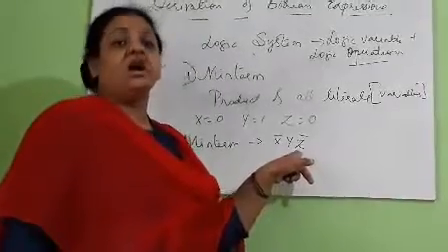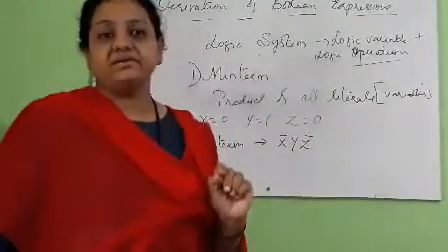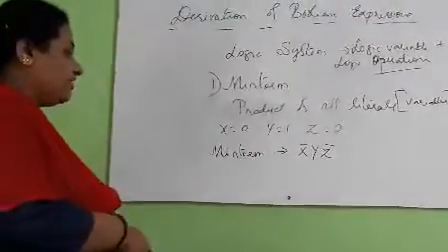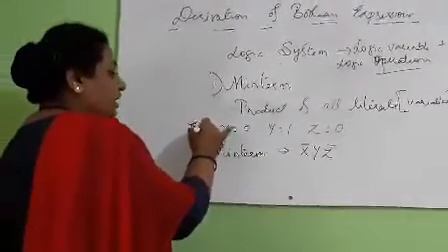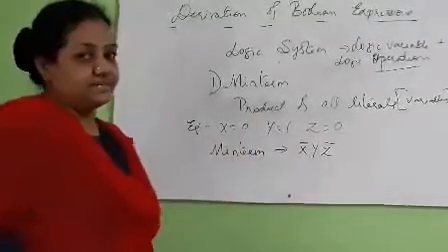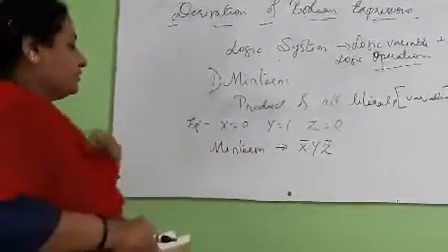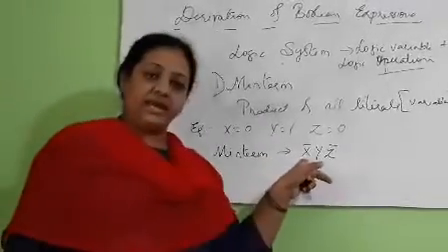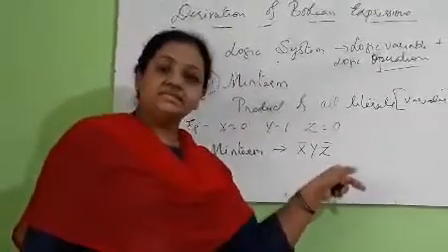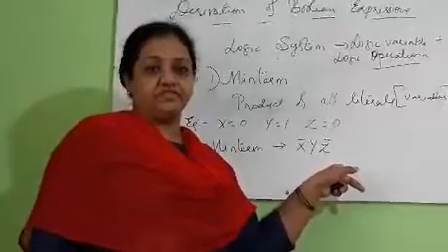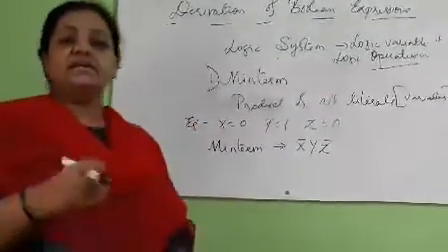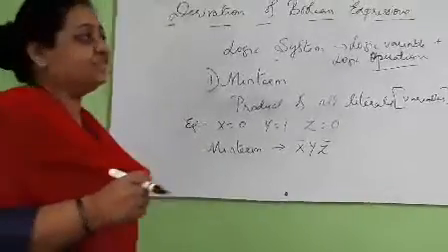Hope you have understood how we can write a minterm expression. For x is equal to 0, y is equal to 1 and z is equal to 0, the minterm expression would be x bar, y, z bar. Fine everybody? Let's take one more example and write a minterm for the same.